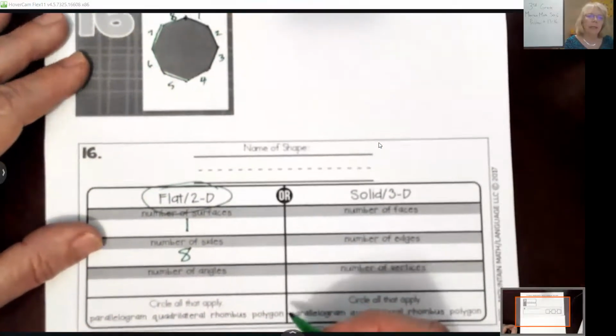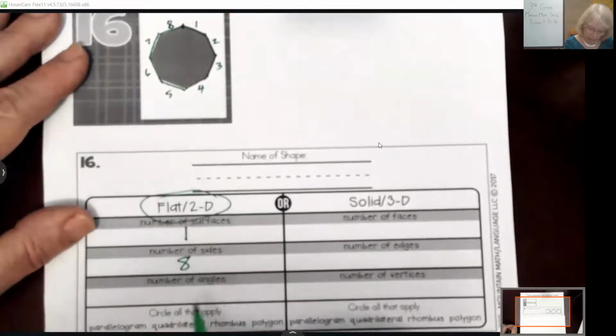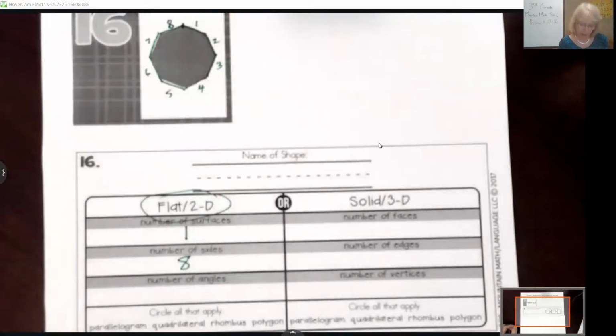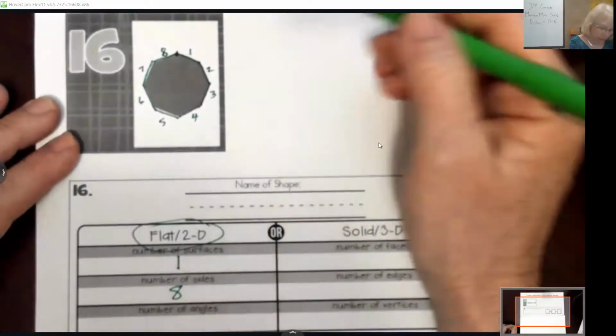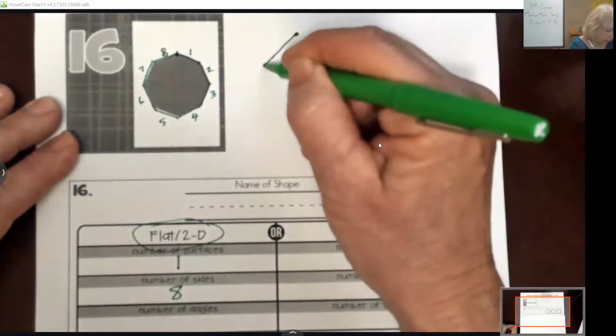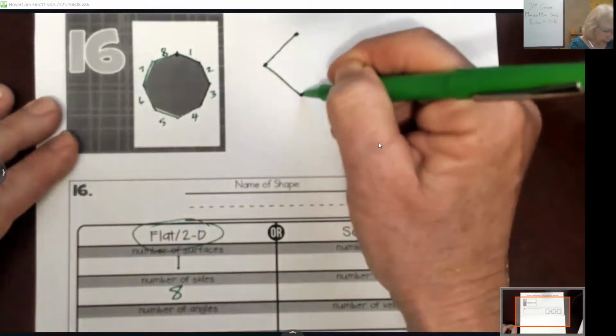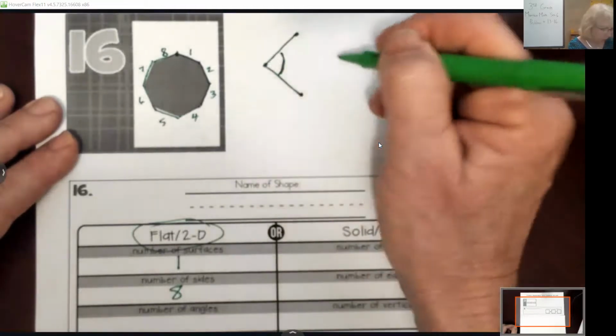Okay. Angles is a little more difficult. Angles are something we're just beginning to learn. So an angle is, if I draw just an angle between two segments, it might look like this. This is my angle. We have a special way of measuring it.